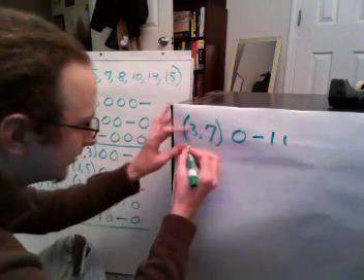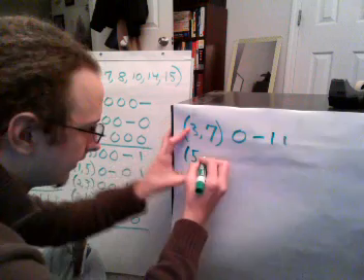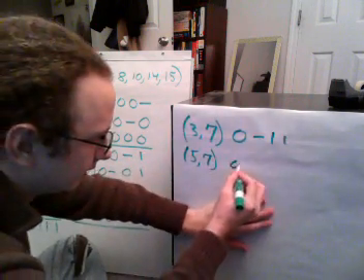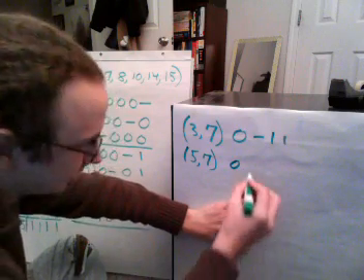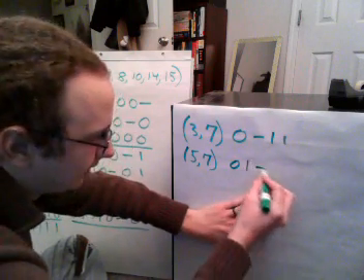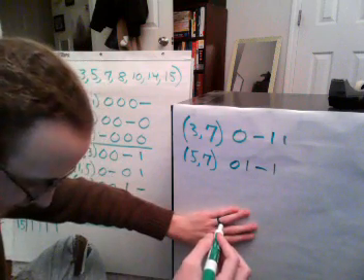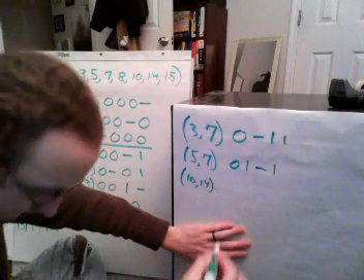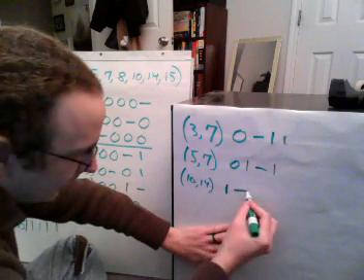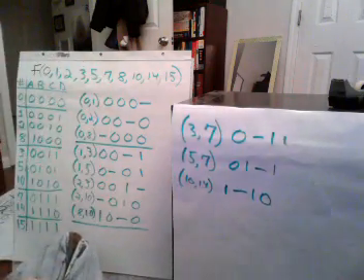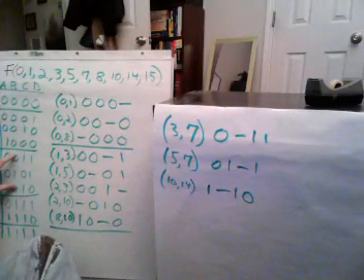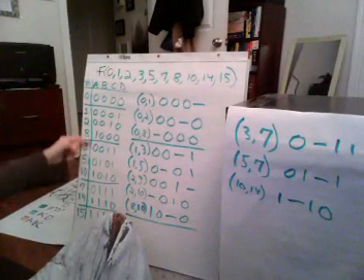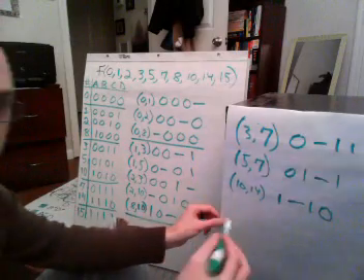Then we have 5 and 7. And I want you to verify these on your own so you'll understand what I'm doing here. 1, dash, 1. And then we have a 10 and a 14. And that's 1, dash, 1, 0. Now again, that's just from this section. So I will put a line under these.